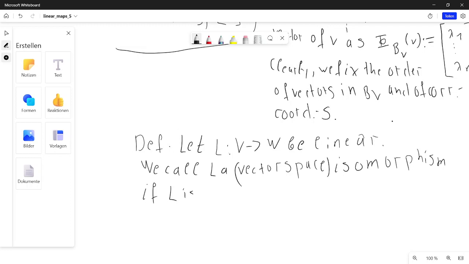L is bijective. Recall that bijective means surjective plus injective.